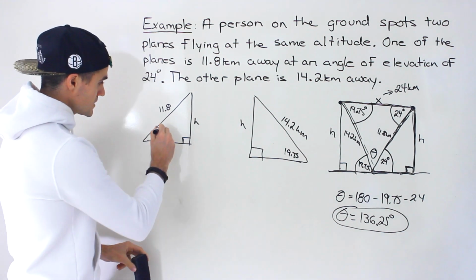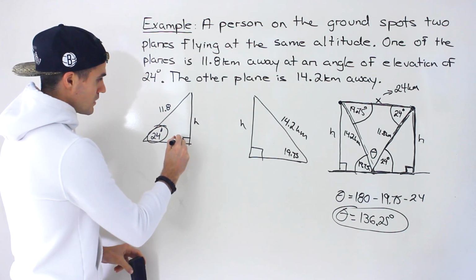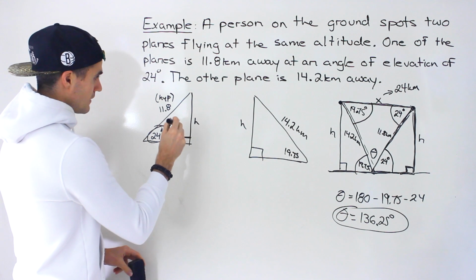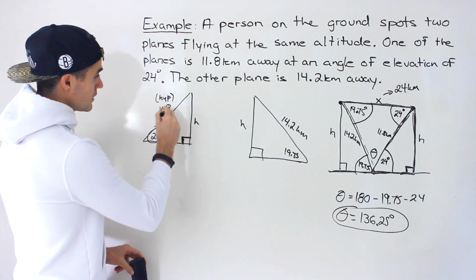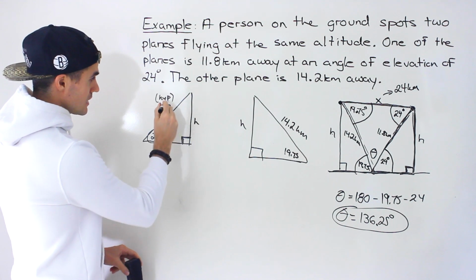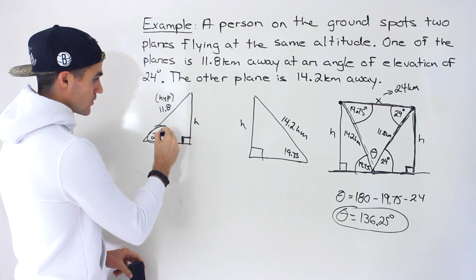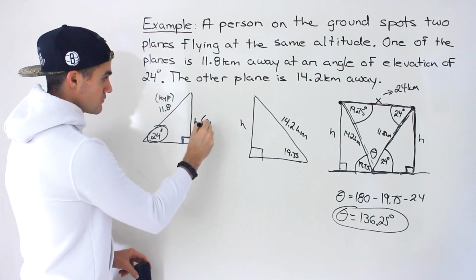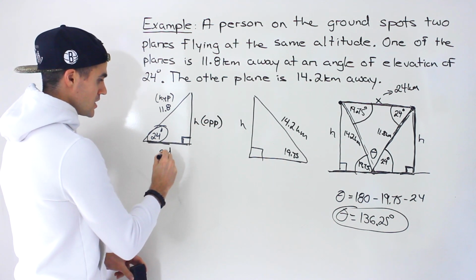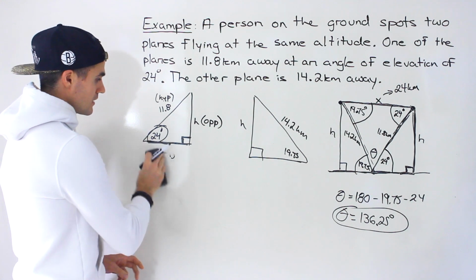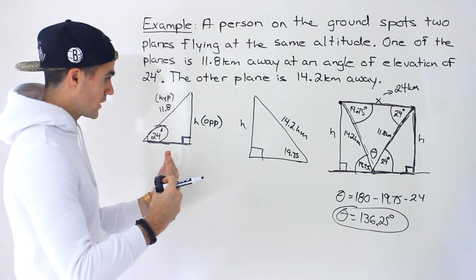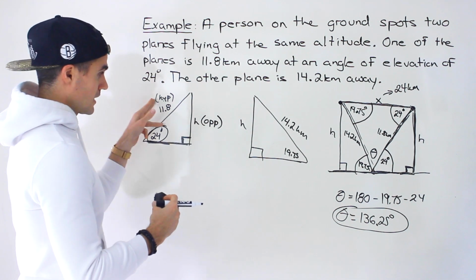So if we're referencing this angle, the side that's across the 90 degrees is the hypotenuse, and the side that's across the reference angle, the angle you're referencing, is the opposite. That means this side here would be the adjacent. We're not going to be using that in this case though. This is a right triangle, so which primary ratio deals with opposite and hypotenuse?